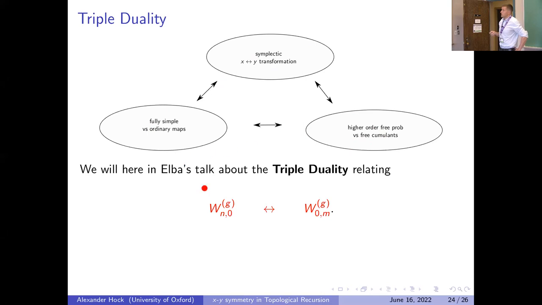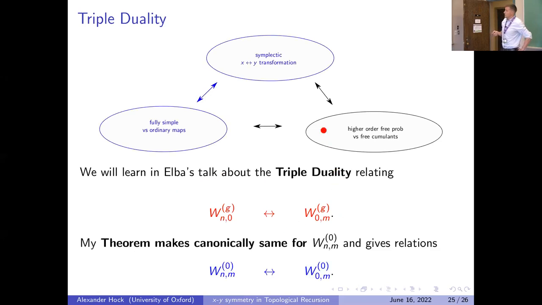So it means that W_{g,0,m} and W_{g,n,0} have this functional relation, but furthermore, on these two examples, we can even give a canonical definition of W_{0,n,m}. So these intermediate correlators, where you don't have one of them to be zero.